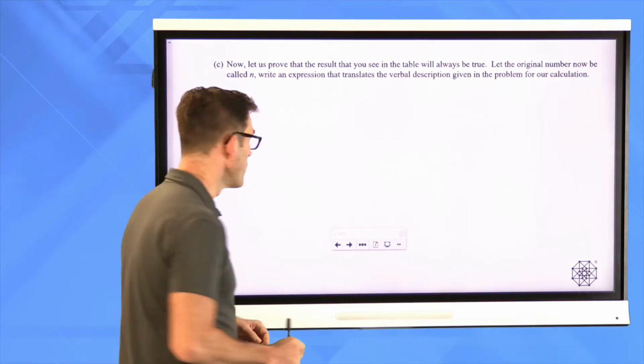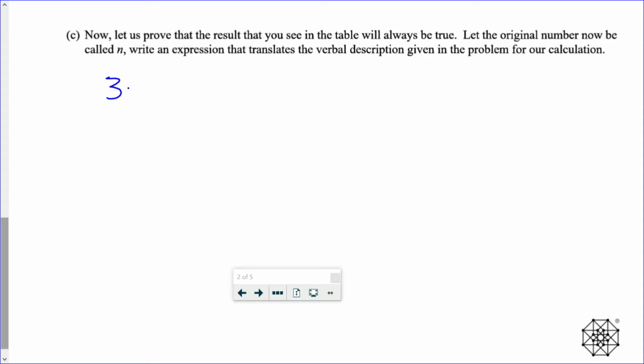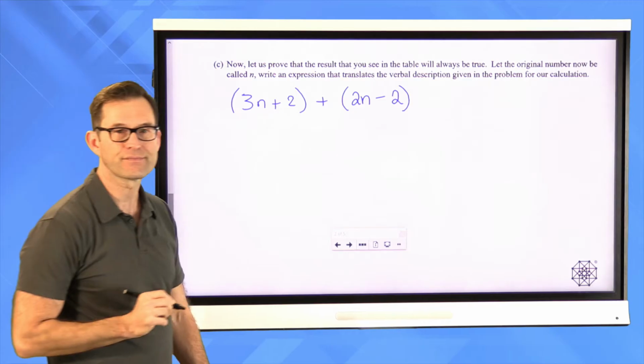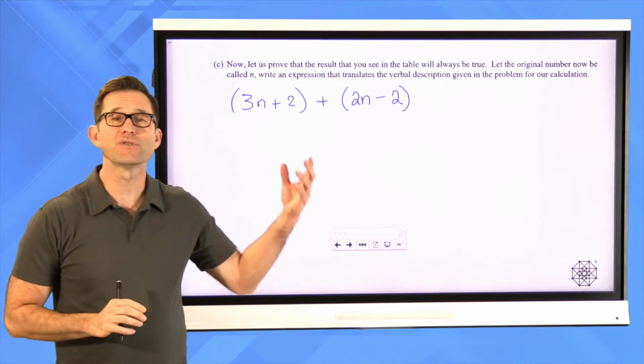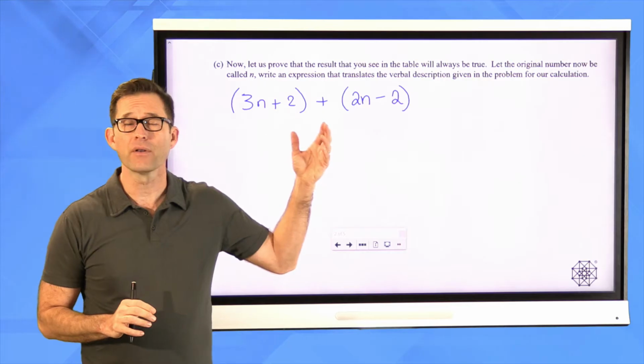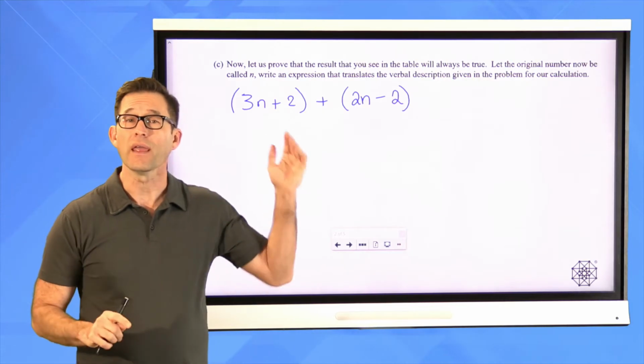Well, here is 2 more than 3 times our number, 3n plus 2. And we wanted to add that to 2 less than 2 times our number. And that's that, right?